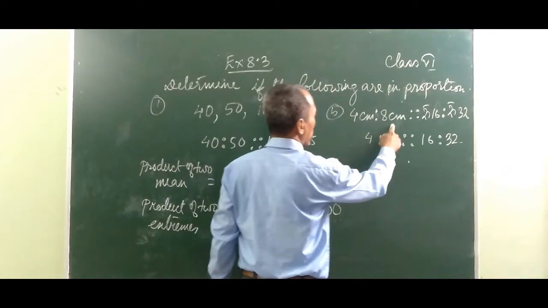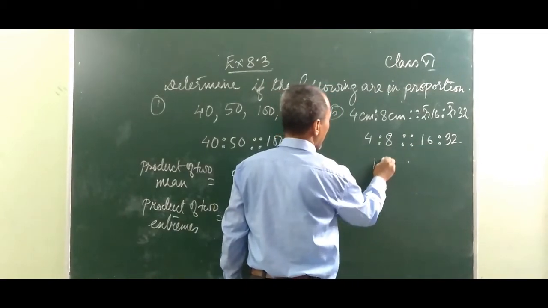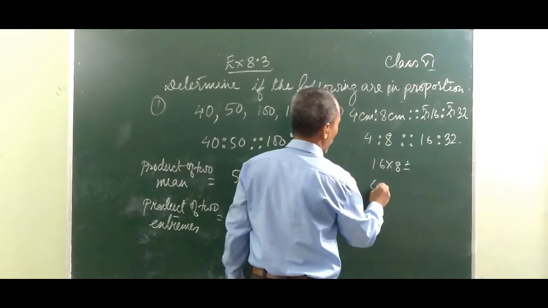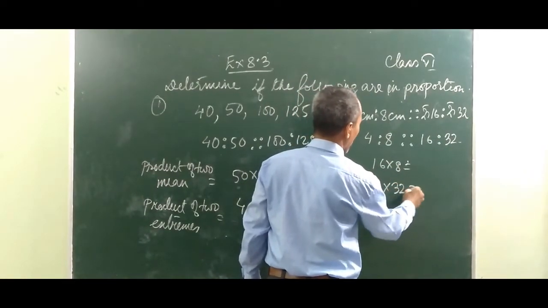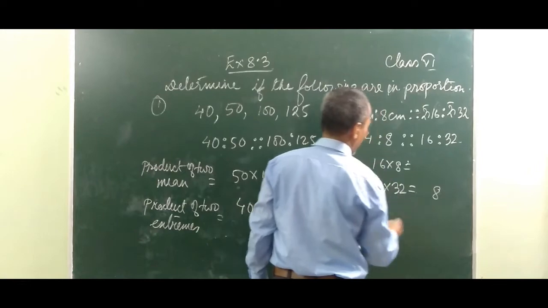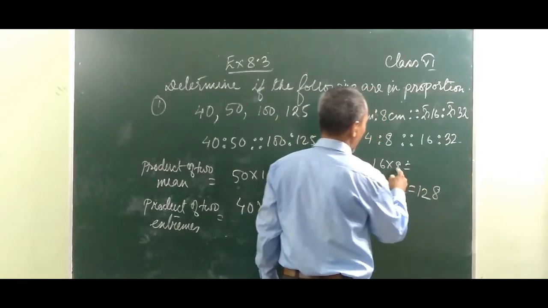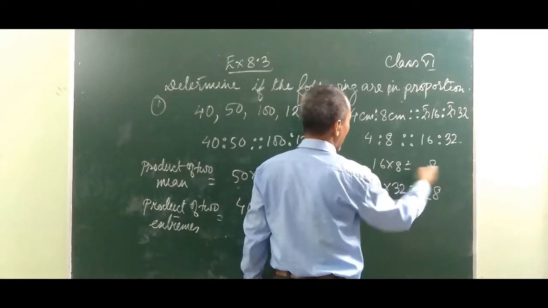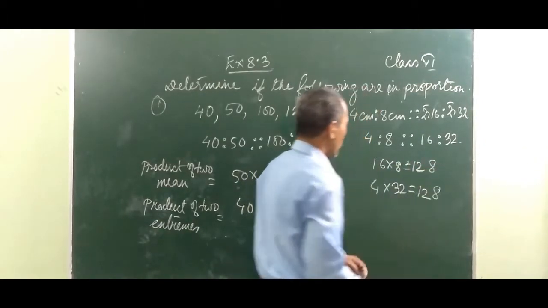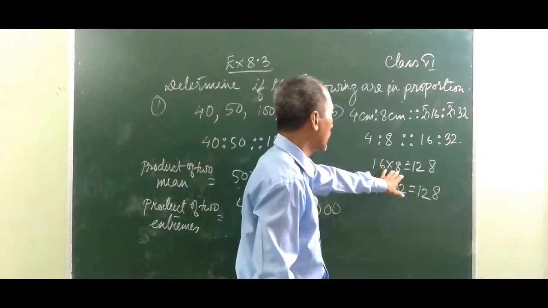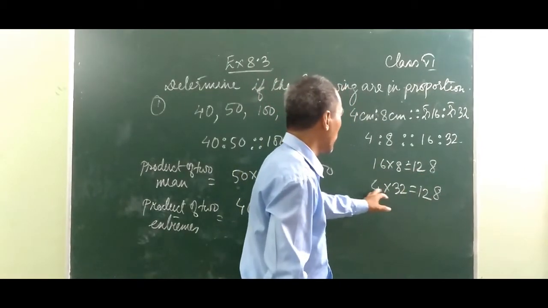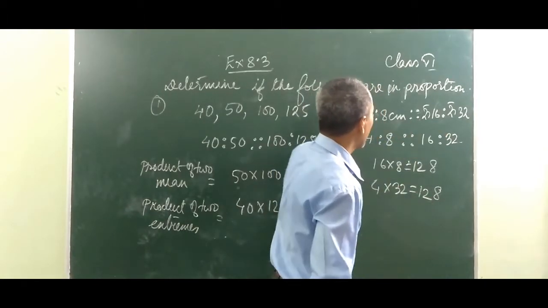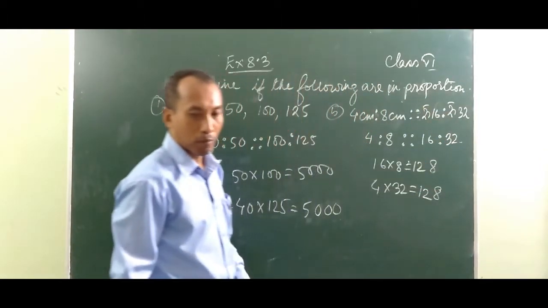We will see that the product of the two means, that is 16 into 8, and the product of the two extremes, 4 into 32. So here we see that the product of the two means is 128 and the product of the two extremes is also 128. Therefore, we can consider that these ratios are also in proportion.